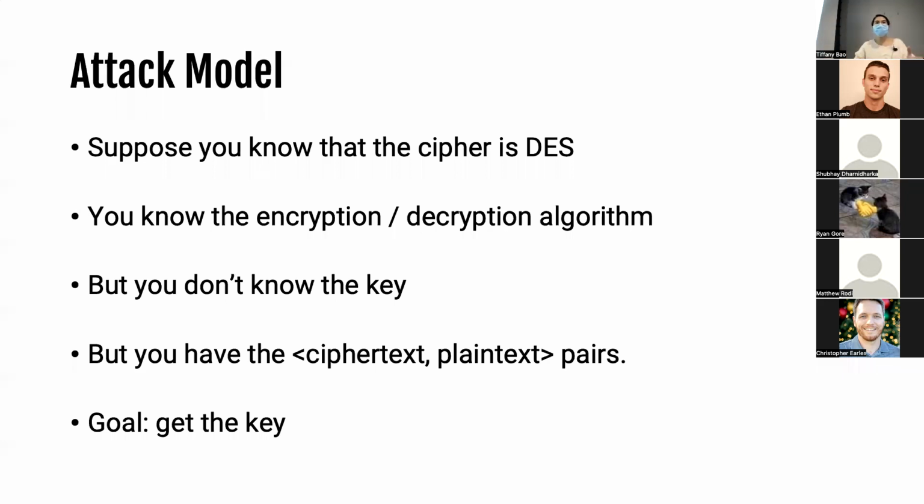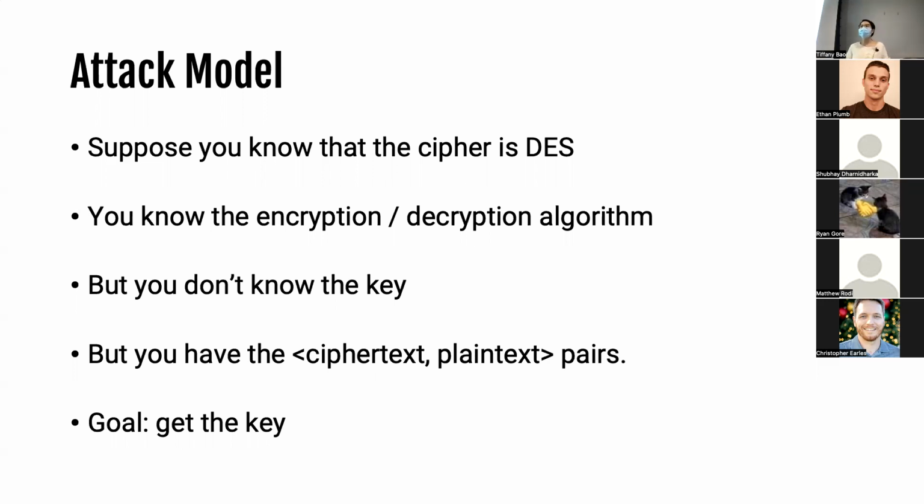Suppose that you already know that the current cipher or crypto system being used is DES. So you know that this is the DES algorithm. Someone is using DES to encrypt and decrypt. Also, you know the entire encryption and decryption algorithm. So you know those one-way functions that are being used, although you don't know the key, you know what kind of one-way functions it's using.